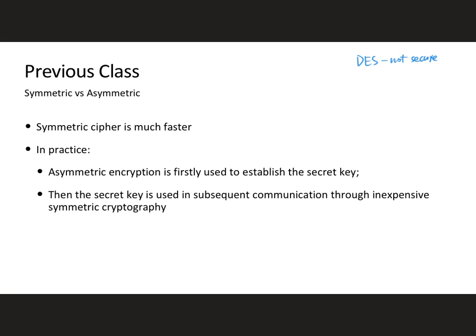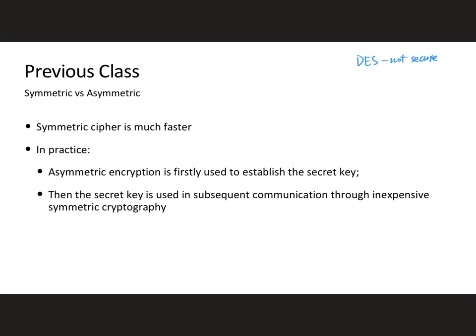So asymmetric encryption is firstly used to establish the secret key, which means exchanging the secret key between the parties, between Alice and Bob in our example. Then the exchanged secret key, which was the plain text of the asymmetric encryption, is now available to use in the symmetric encryption.